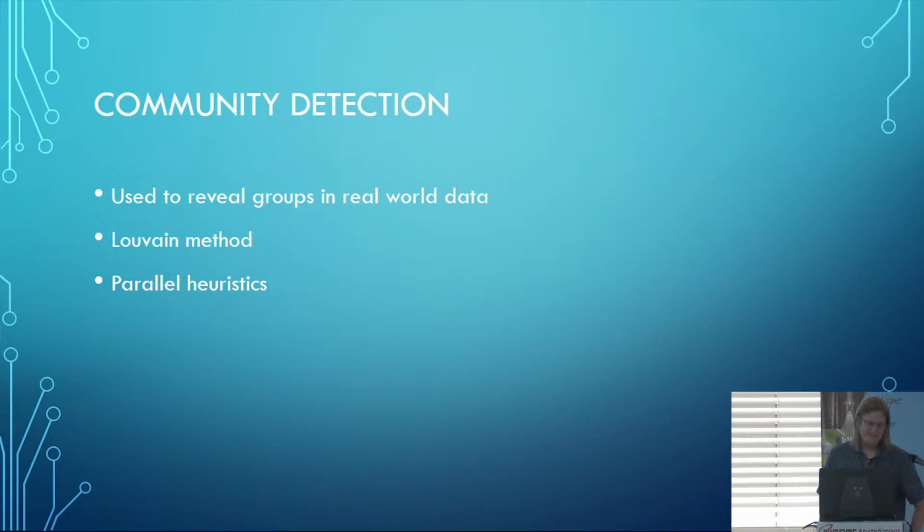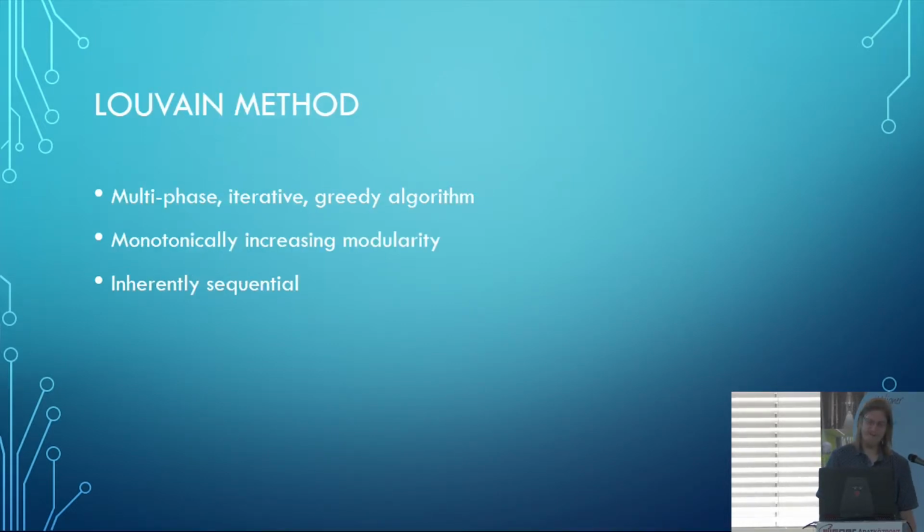And this algorithm is inherently sequential, which means that you will have to check all the possible neighbors. You are checking which community is better than the other. So it's not very easy to parallelize at first, but there are some parallel heuristics that can be applied, and we are using those to parallelize the whole process.